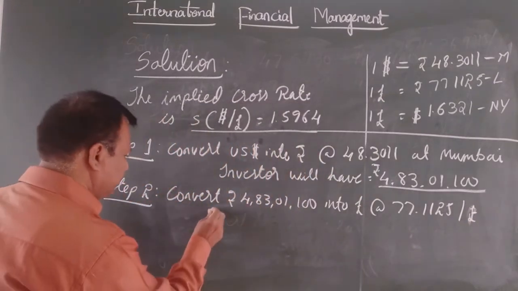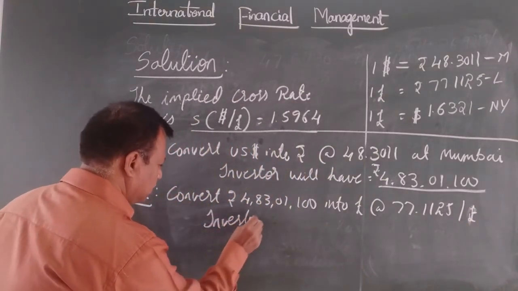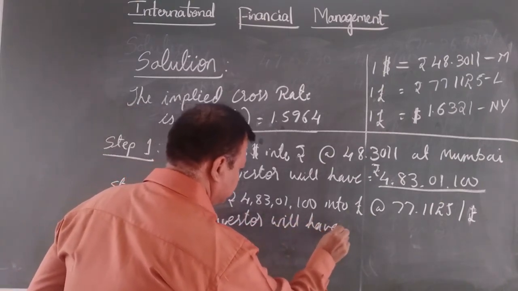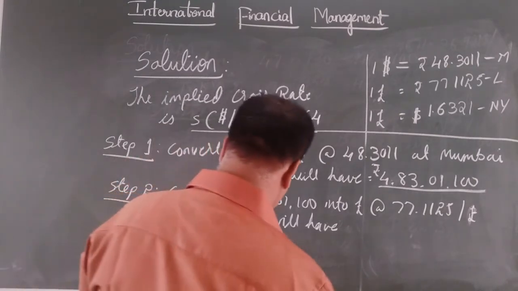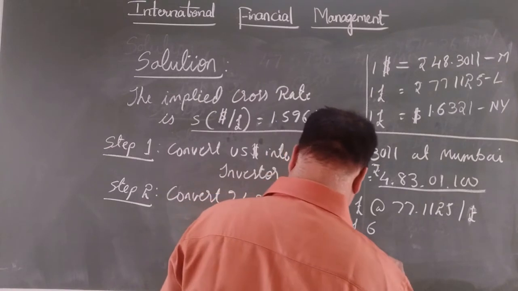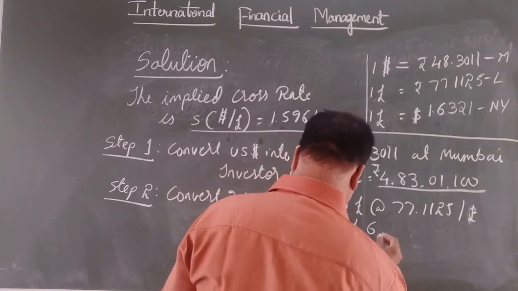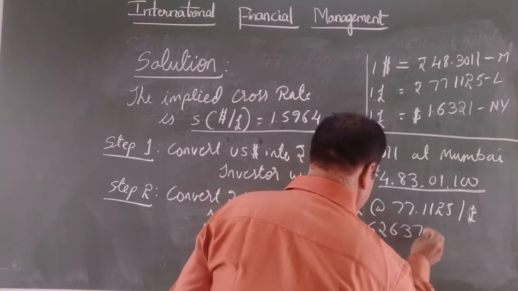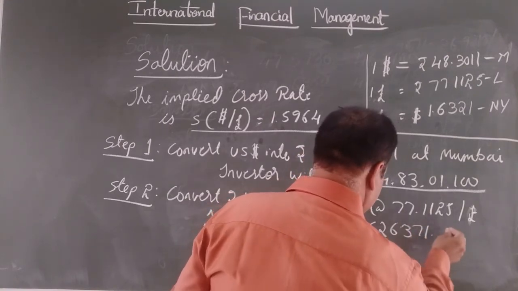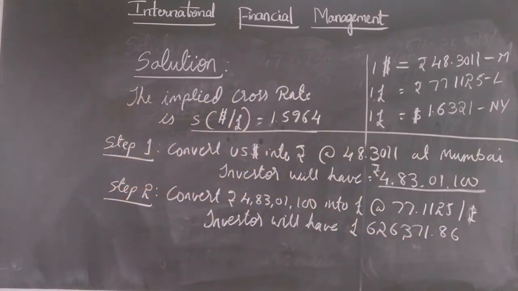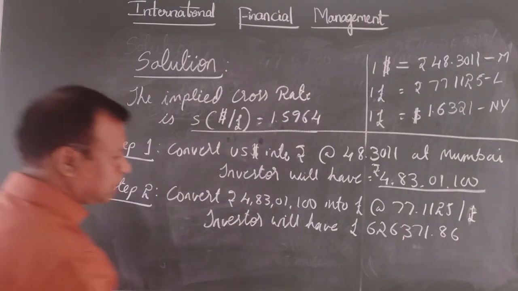Hence the investor will have 6,26,371.86 pounds.